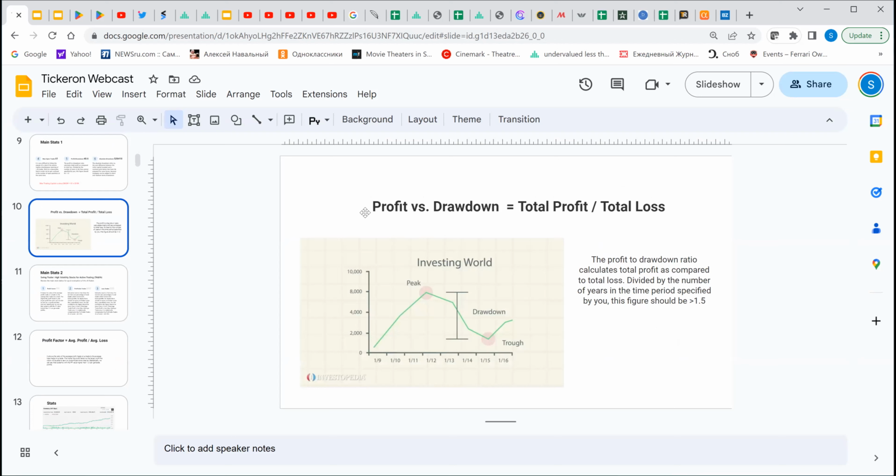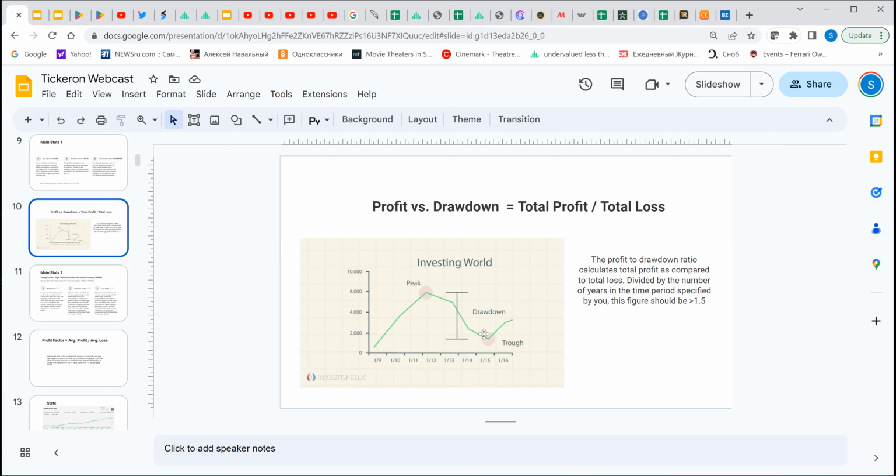Then it's important to understand one of our main parameters, profit versus drawdown. Profit is easy to understand and calculate, but drawdown is calculated by the peak drawdown, so a stock goes down and starts going up. That means how much you can be in a downturn, in a loss, and how much you want to sustain.